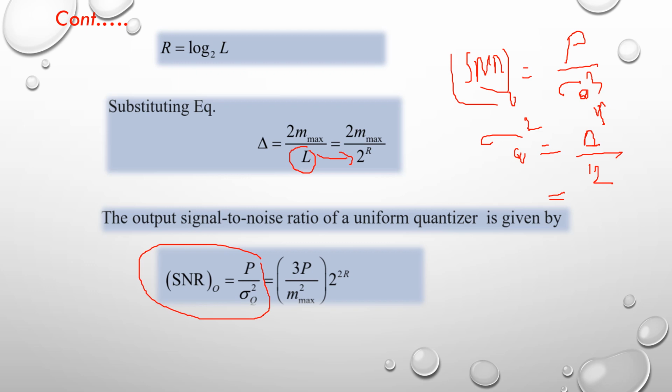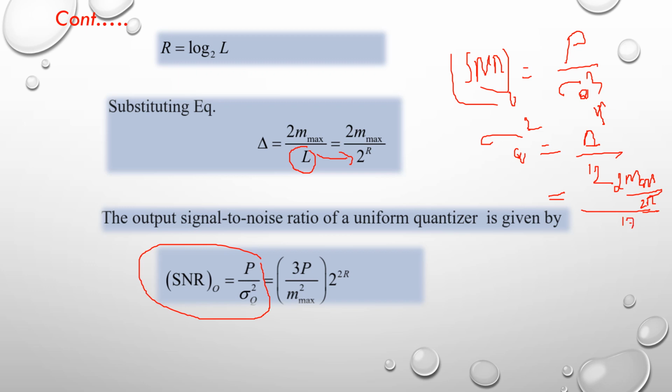Now you replace delta with the equivalent value. Sigma q squared is equal to 2 m maximum divided by 2 to the power R, whole squared, divided by 12.